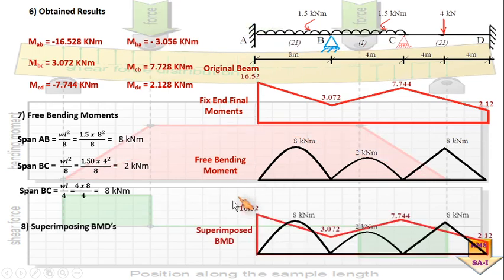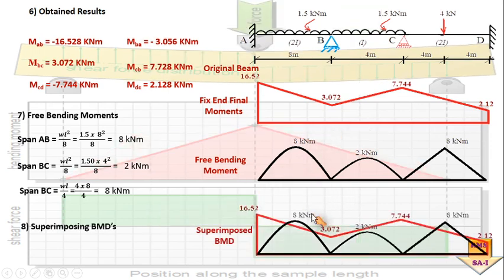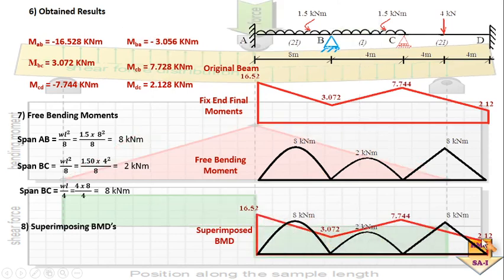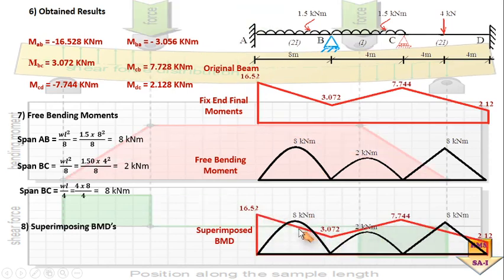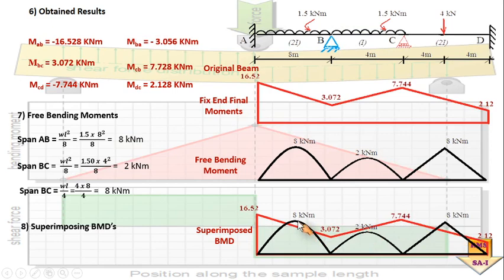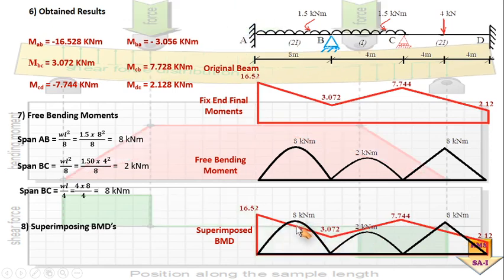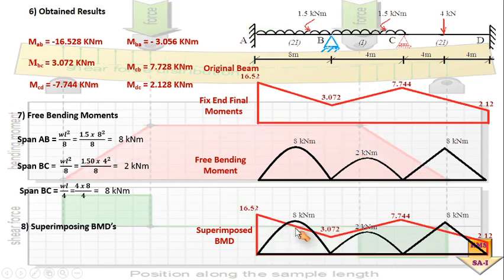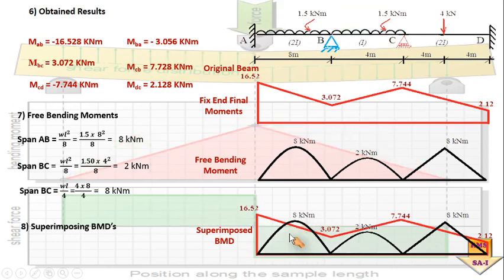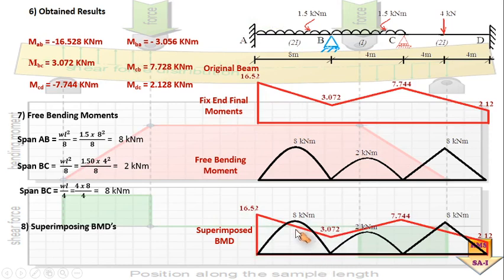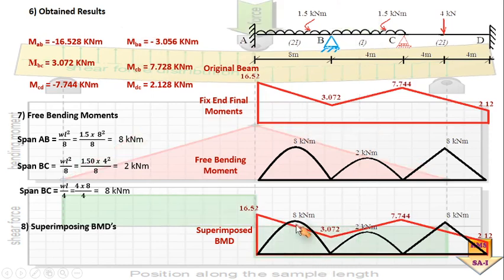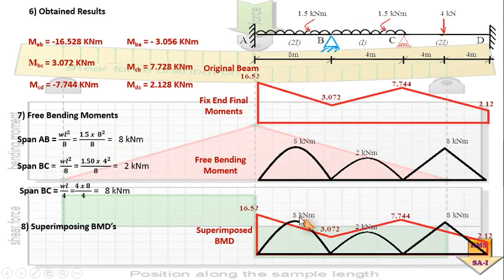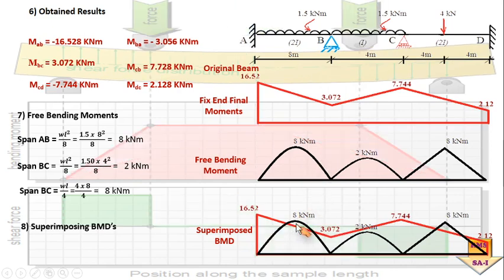Is it okay? After that we have to superimpose these two diagrams, and after superimposing, the red line is going to be the neutral axis, meaning above this is going to be the positive bending moment whose value is to be found out. Is it okay? So after finding out the ordinate for the final moment about this particular point, the difference between these two is going to give you the resultant moment acting for that particular span.